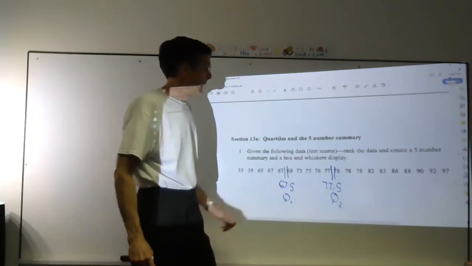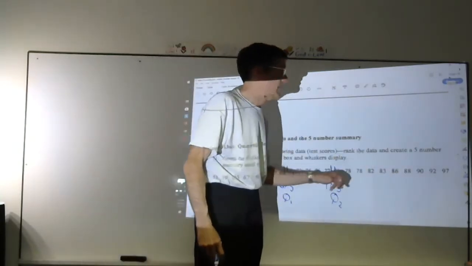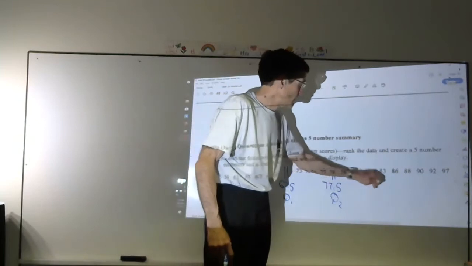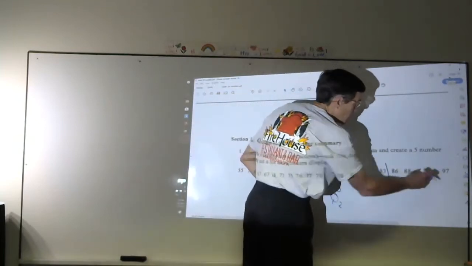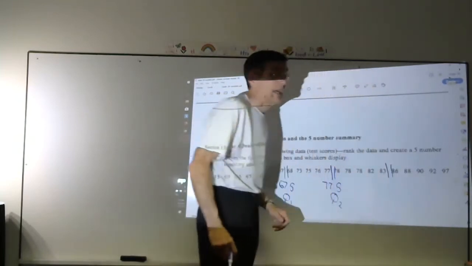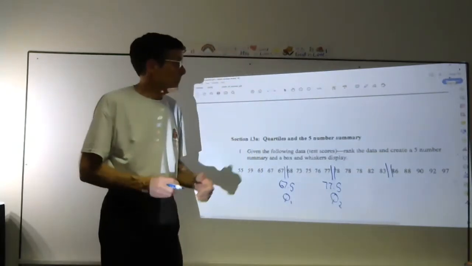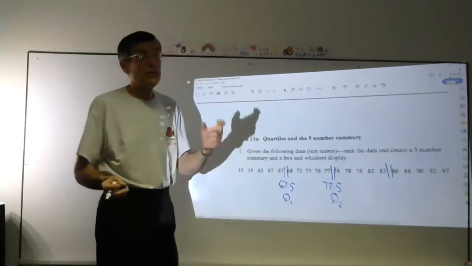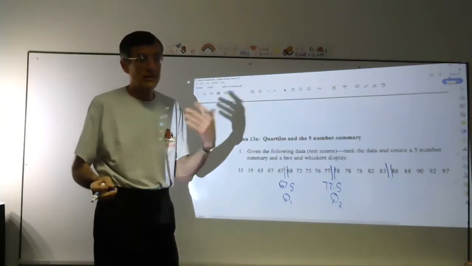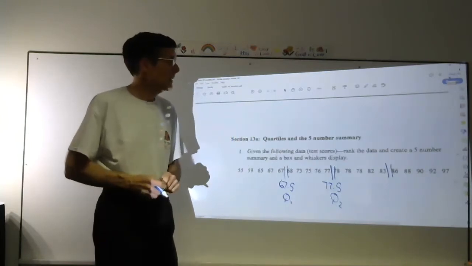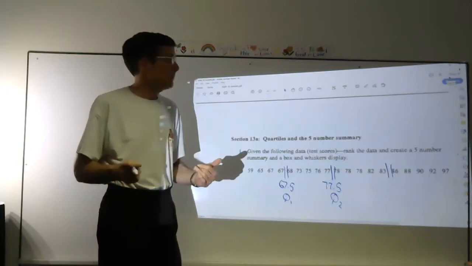Now, there's 10 items of data on this side, and I come down 1, 2, 3, 4, 5, and I'm between 83 and 86. Between 83 and 86 would be the average. We talked about this last time together when we were doing mean, median, and mode.